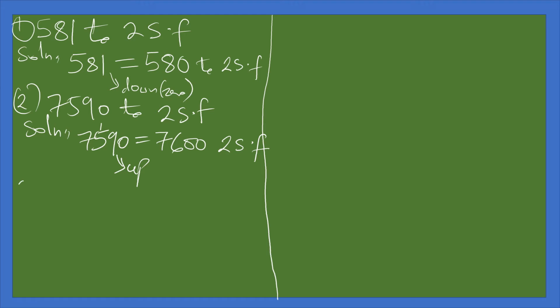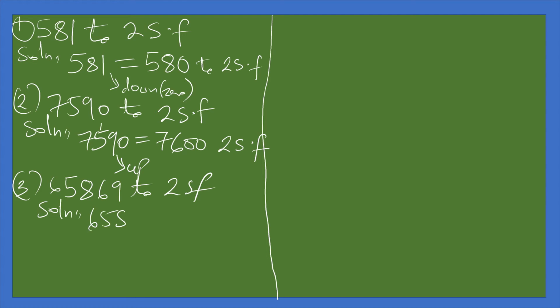The third example, the more examples you solve, you will get the big picture. We have 65869 to two significant figures. Solution: 65869 will now be equal to what?